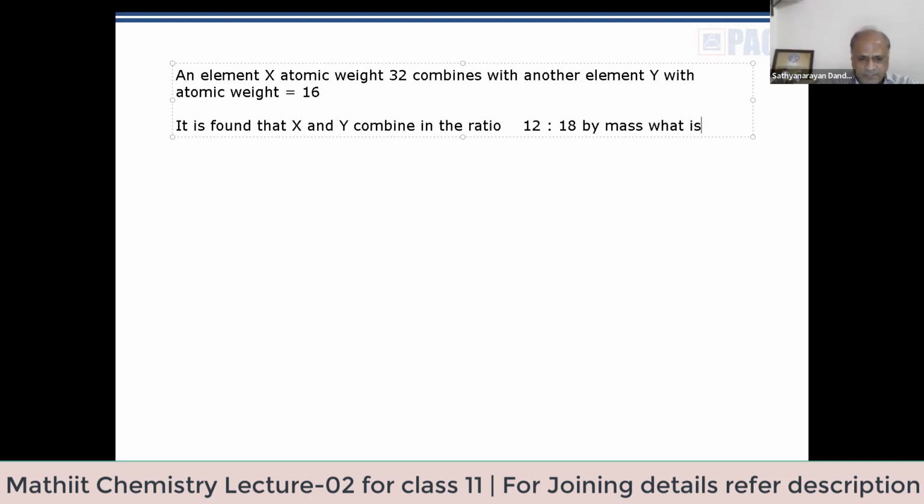What is the formula of the compound? I already gave the ratio.